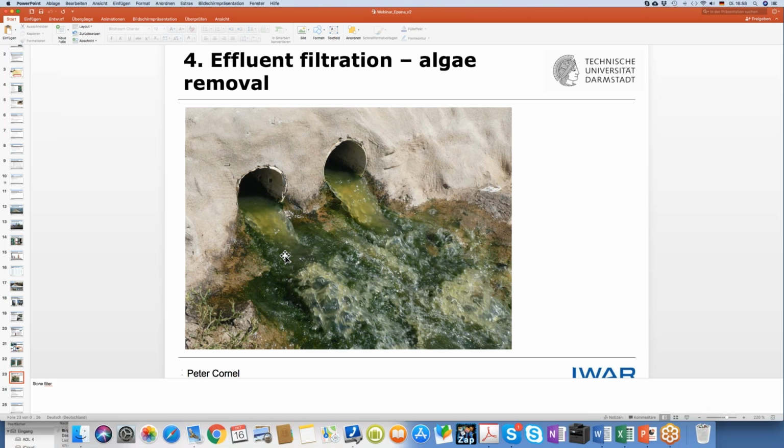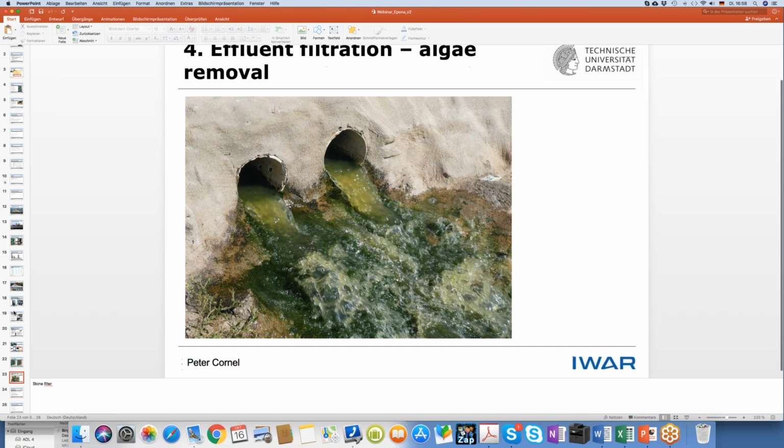The gravel will take the algae, and they decompose in the gravel bed, as long as there is no light on the water. As you all know, as soon as you have light, the algae will grow a lot.